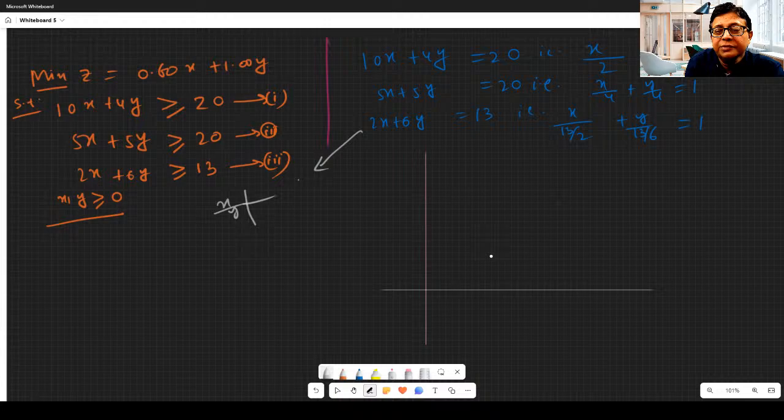Suppose this one 2, 0. I am just taking approximate data, and this one going to be 5, 0. This one 0, 4, 0, 2 approx, and 0, 13 by 6 approx. 13 by 2 somewhere like this.